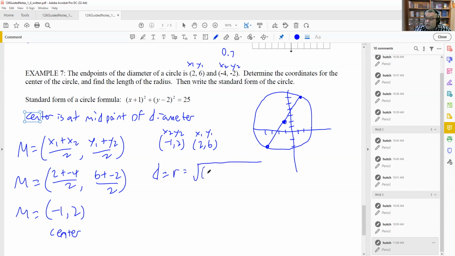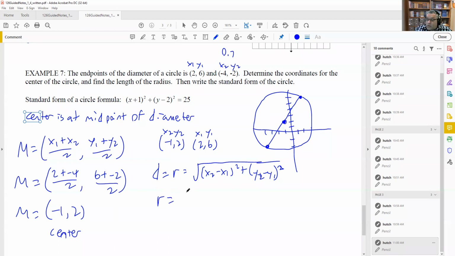So let me write out the formula: x2 minus x1 squared, and then y2 minus y1, quantity squared. It's distance equals, but in this case, I'm going to find the radius.